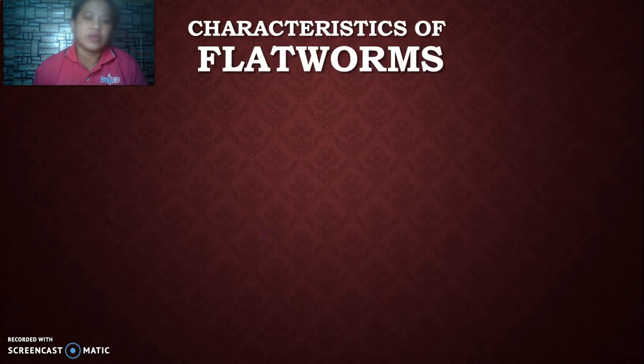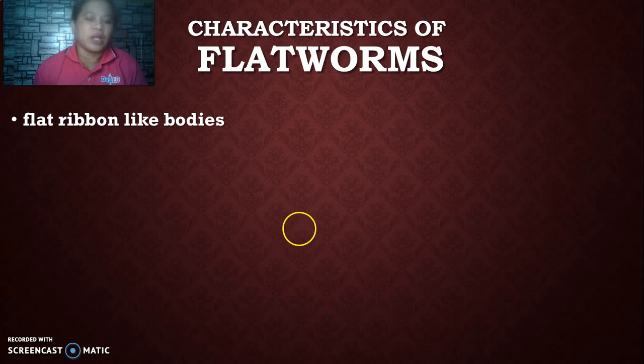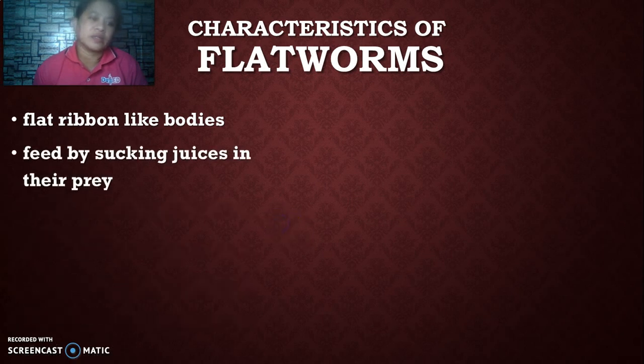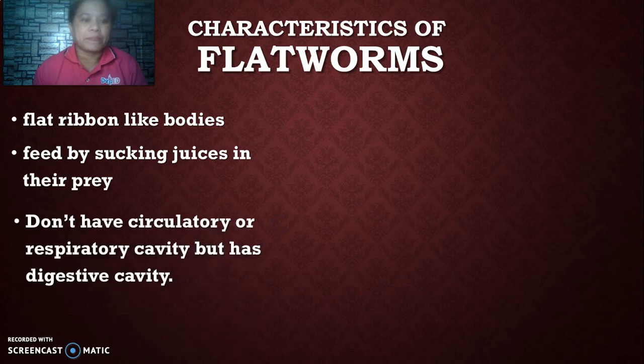Next are the characteristics of the flatworms. They are called flatworms because they have flat, ribbon-like bodies. They feed by sucking juices from their prey. They don't have circulatory or respiratory systems, but they have a digestive cavity.